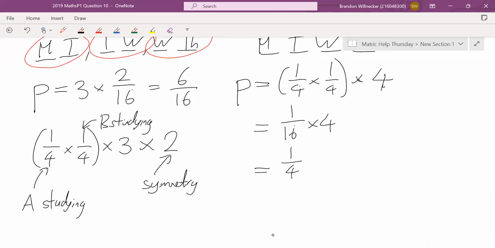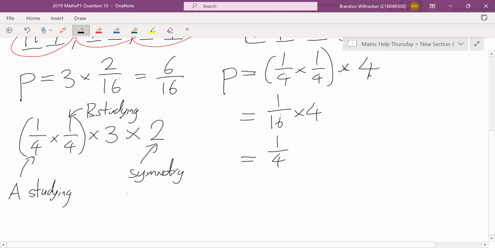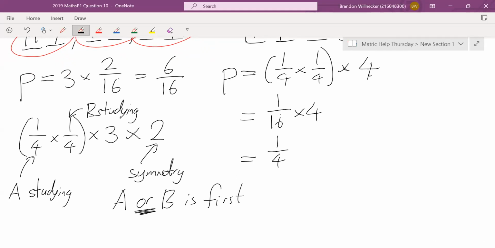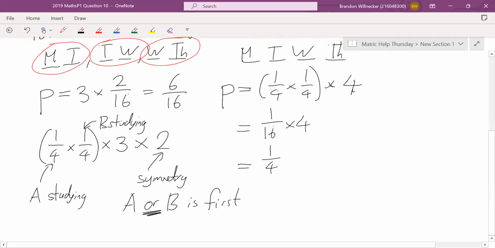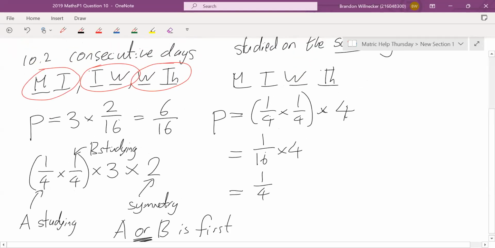So we need to multiply by 2. We can either read this as A or B is first. And like I said, whenever you see or, it means you add them. That's how we get our results. Are there any questions so far about this?